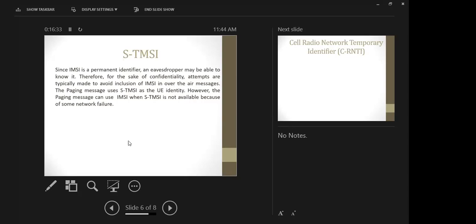They will have some target people, so they will identify that this is communication from that person, and thereafter they can try to get more information, or they can even insert some information from their end. So this is why IMSI is not normally used in over-the-air messages. When there's communication between the network and you, IMSI is not used. Rather, S-TMSI is used, which is temporary and which is often changed.